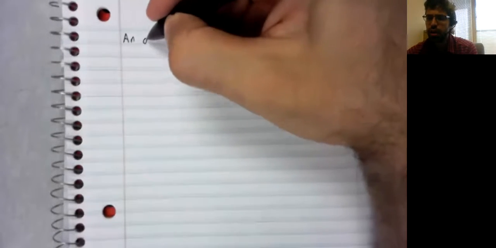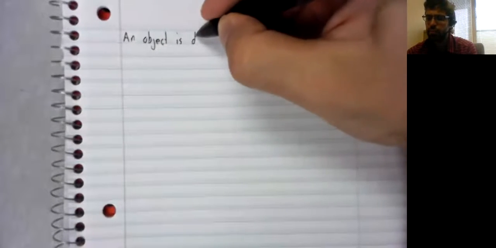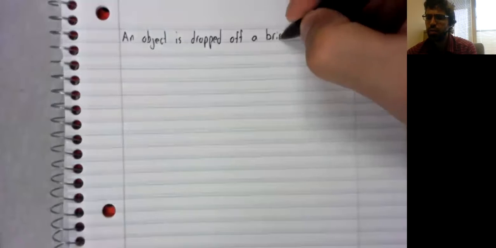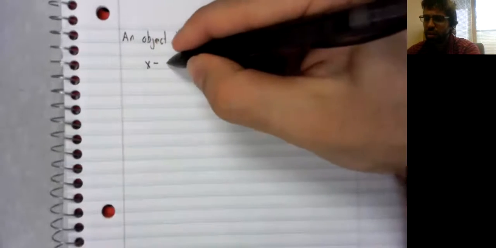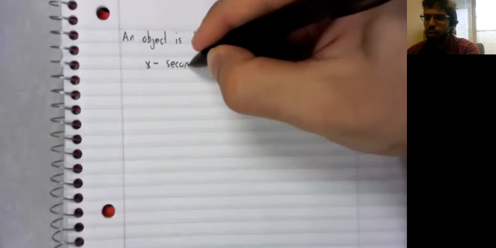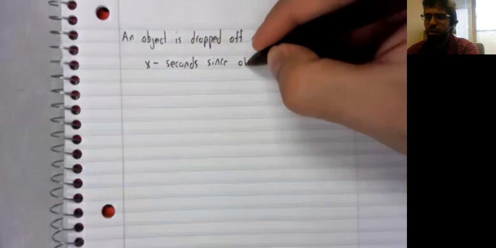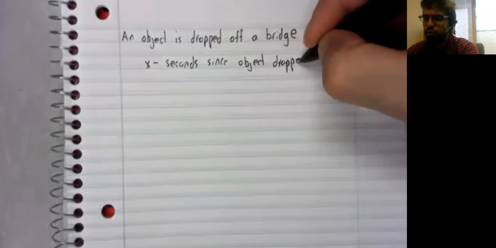For example, an object is dropped off a bridge. And we'll let X be the number of seconds since the object was dropped.